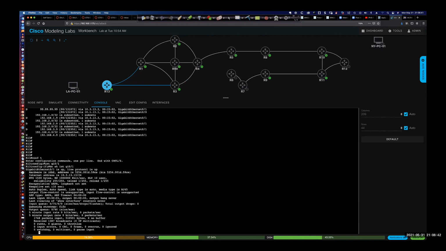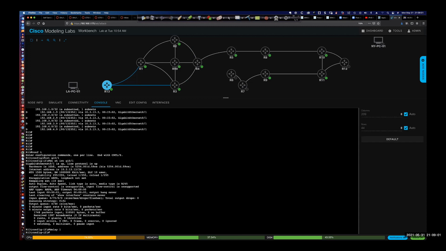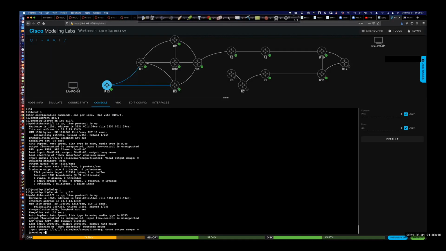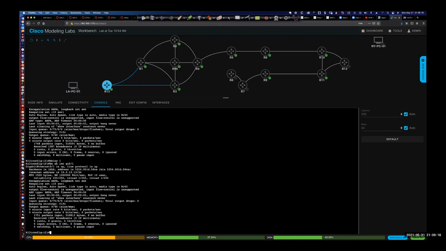So if I was to say delay 1, remember, the value I'm entering in here is tens of microseconds. So by saying delay 1, when I say show interface, and let's run that command again, show int gig 0/1, what we should see for the delay value is 10 microseconds, right? Because this is the confusing thing about EIGRP with the delay value: when you go to change it, the number that you put in is just add a 0 to the end of whatever it is that you put in.